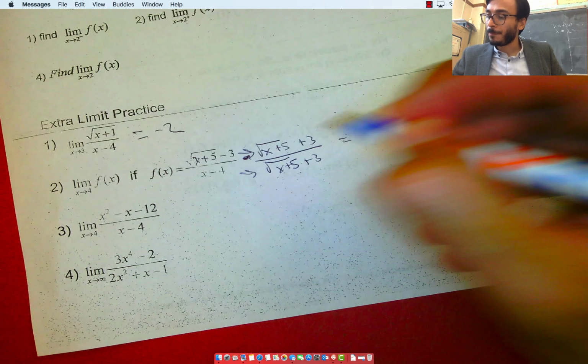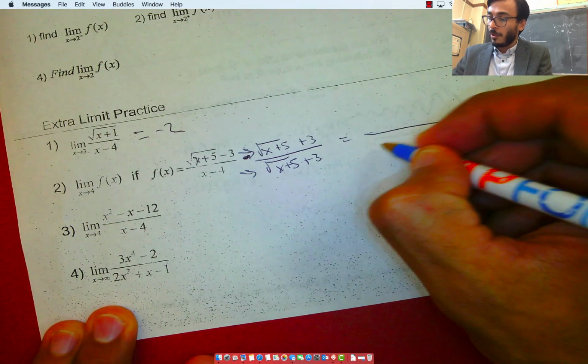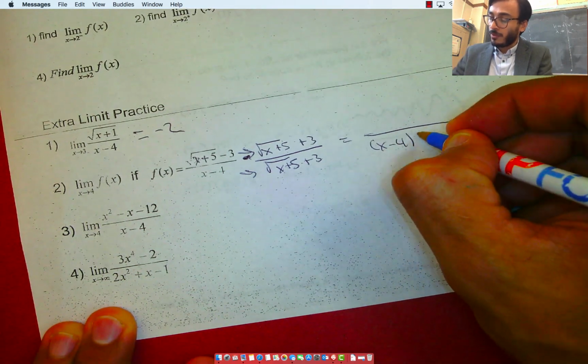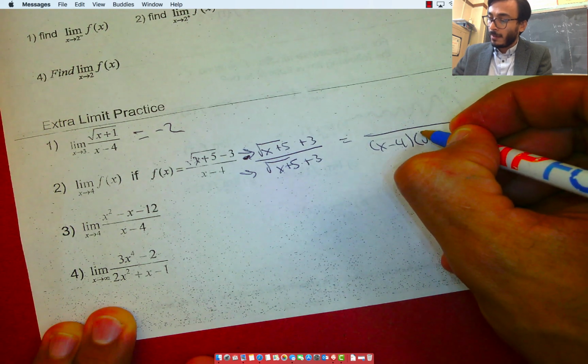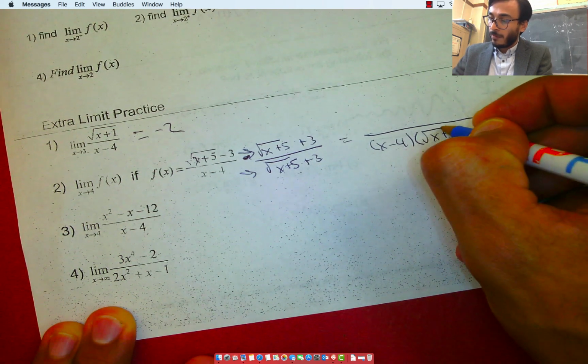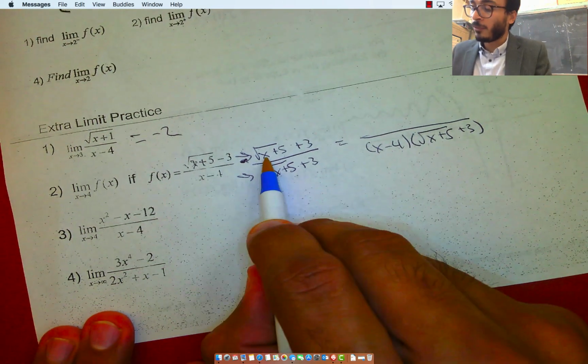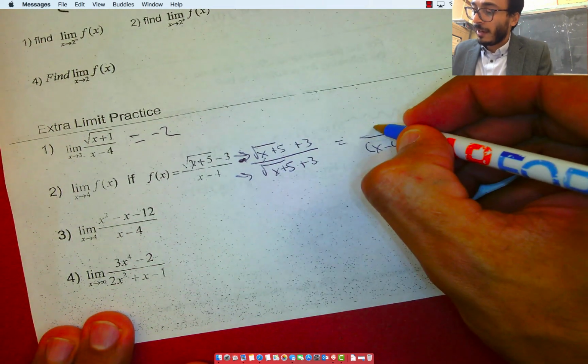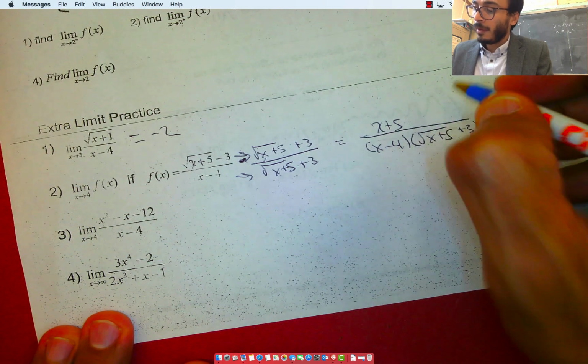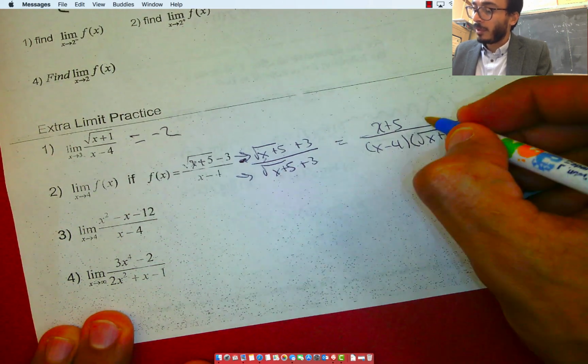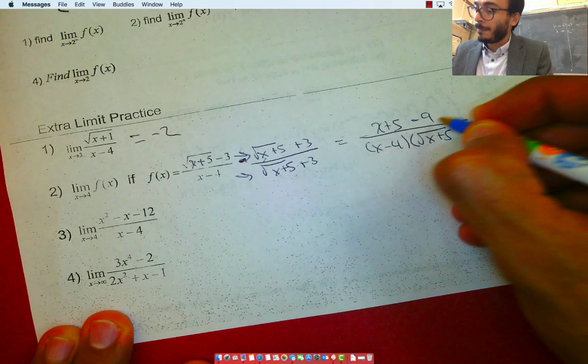We're multiplying that way. So in the bottom, I'm going to get x minus 4 times rad x plus 5 plus 3. And then in the top, rad x plus 5 times rad x plus 5, well, that's just x plus 5. And then -3 times +3 is -9.